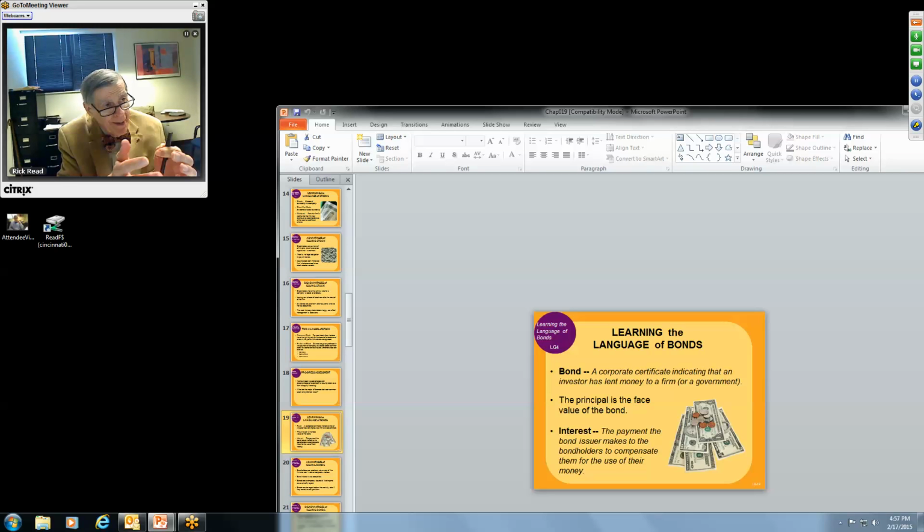And so you're lending money to a company for X number of years, usually about 10, it could be longer. And in exchange for that money, the company says, okay, we'll pay you X% interest on an annual basis.